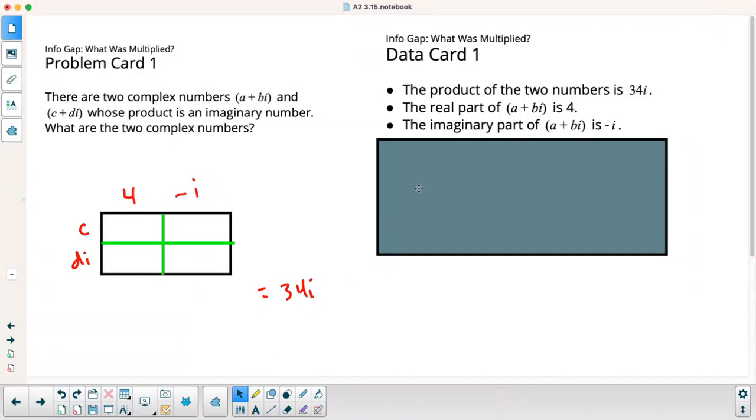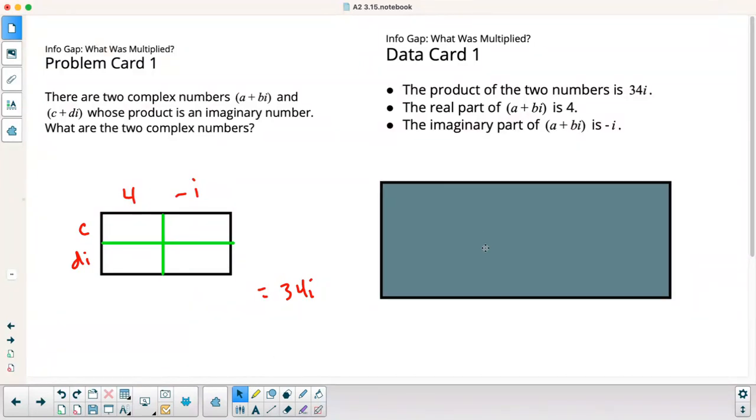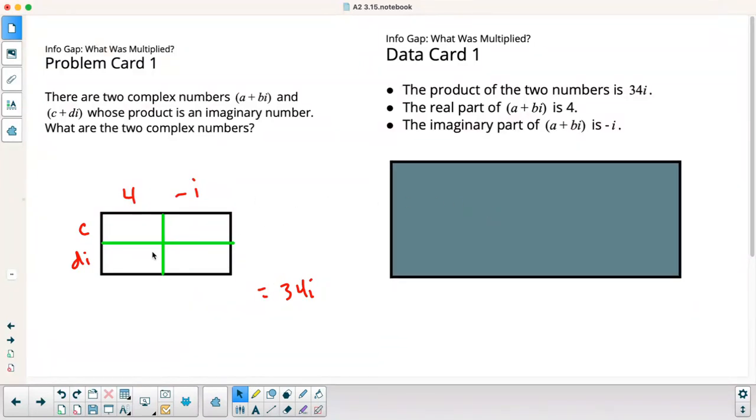I might have enough to do it from here, I think, and there's no more info. So let's think here. This is going to be 4c, negative ci, 4di, and this is going to be negative di squared, right?